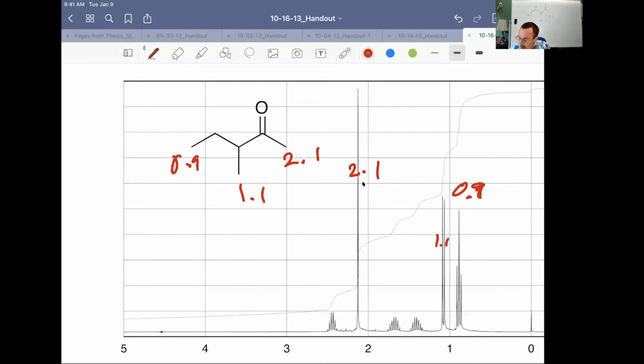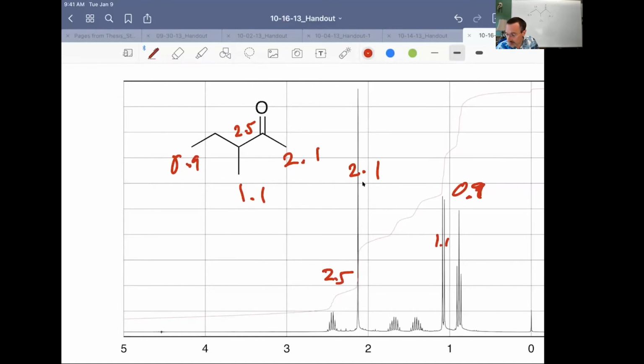We have a multiplet. It looks like a sextet at 2.5, and that's going to be our methine. I would have estimated it at 2.5, or maybe 2.6, on the whiteboard.